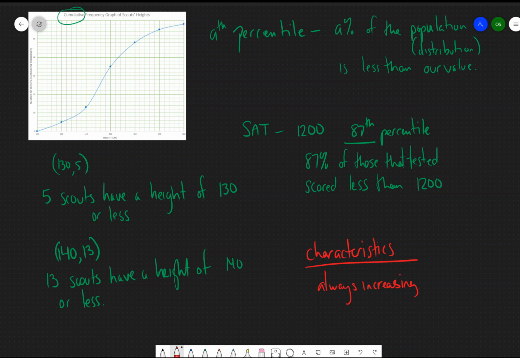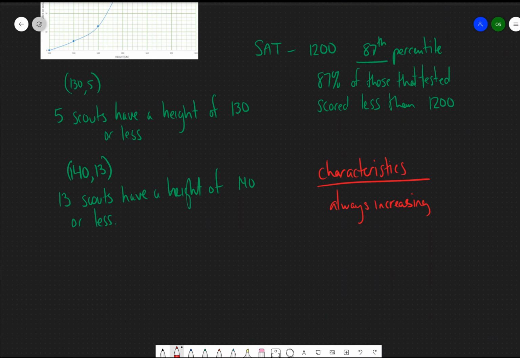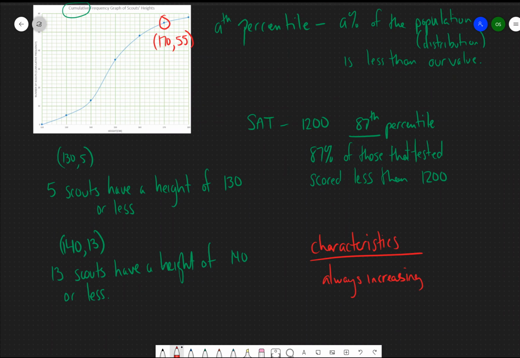Another example: if I get to this point right here at 170, I'll put the coordinate up here this time. At 170, this is at 50, 52, 54, 55.